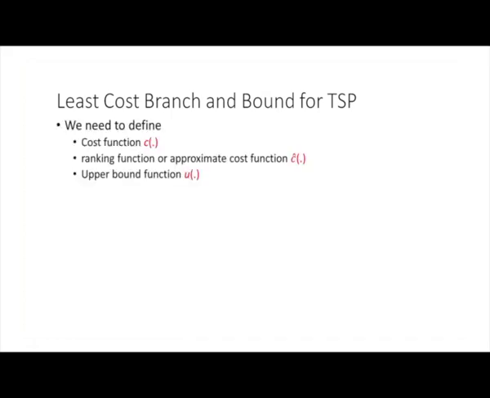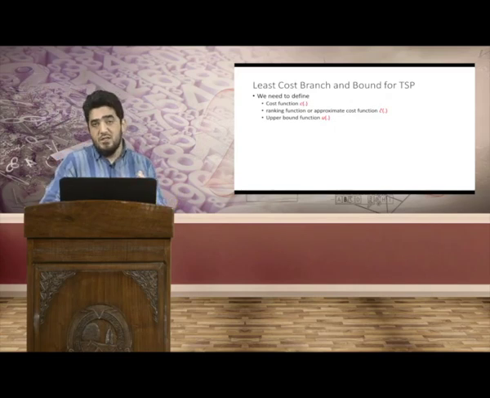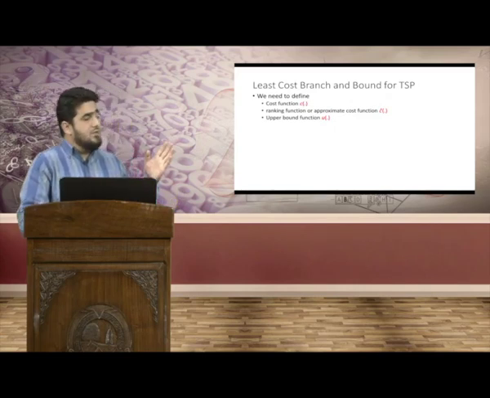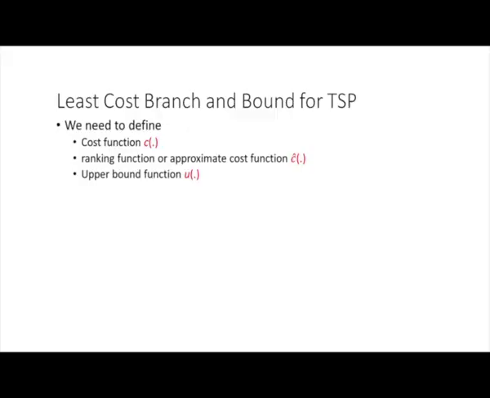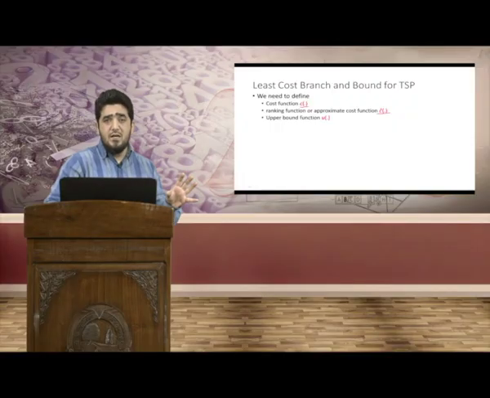If you remember, in the previous lecture, we used certain functions to build a least cost branch and bound solution. As you can see on the slide, we need 3 functions. One is the cost function, which helps us identify the final solution node. Similarly, we need a ranking function, c-cap, which helps us select the best node from the currently active nodes to expand our solution, so that we quickly reach a solution node.